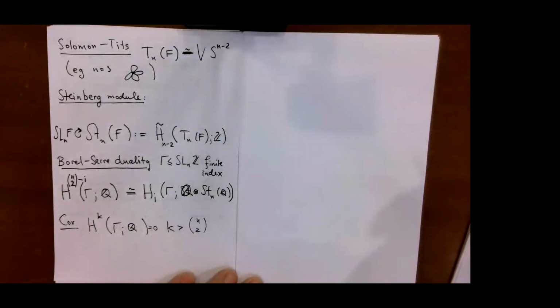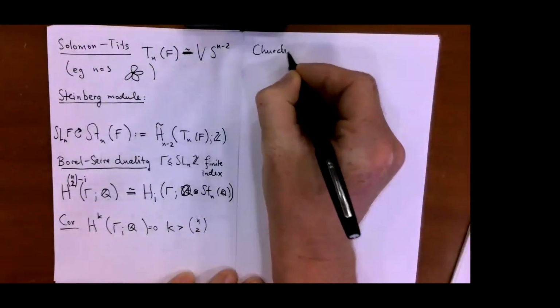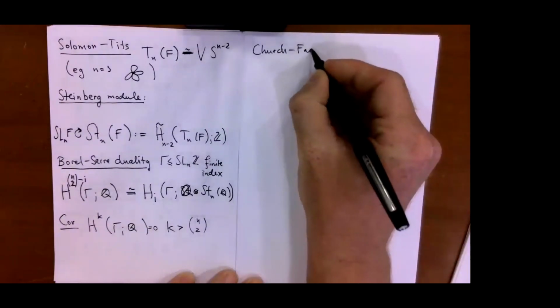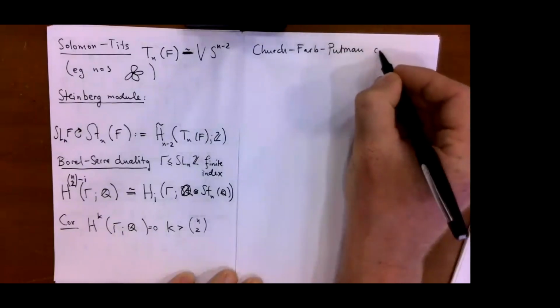So one of the main points of this talk is the following conjecture. It's called the Church-Farb-Putman conjecture.